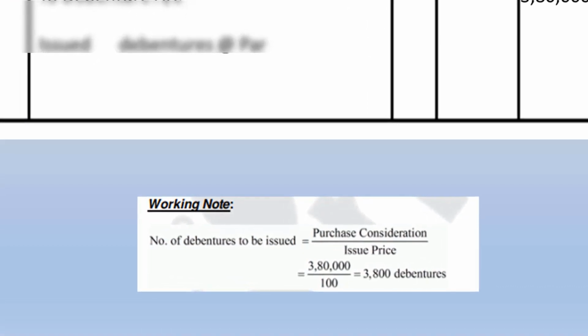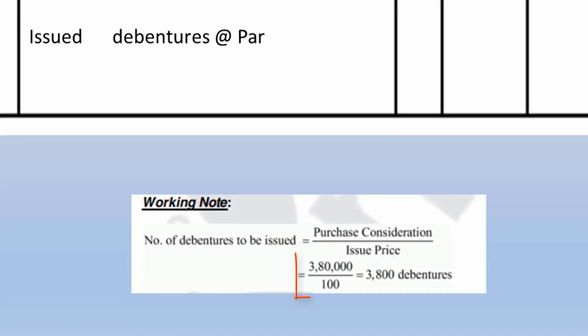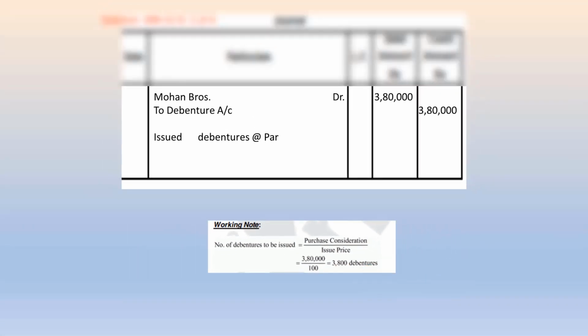First, when the discharge of consideration is through debentures issued at par, the purchase consideration is divided by the debenture issue price, which is the face value of the debentures, and that is rupees 100. 3,800 debentures are issued at par to settle the consideration of rupees 3,80,000. There is no capital gain, no capital loss. The journal entry reads as vendor account debit to debenture account credit.